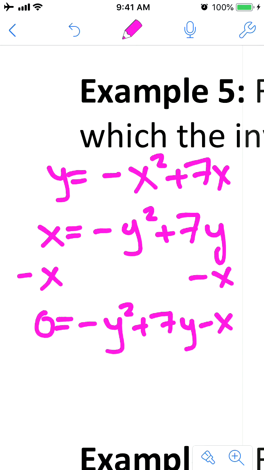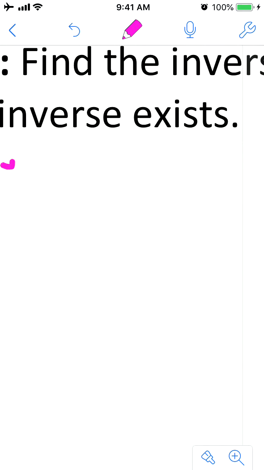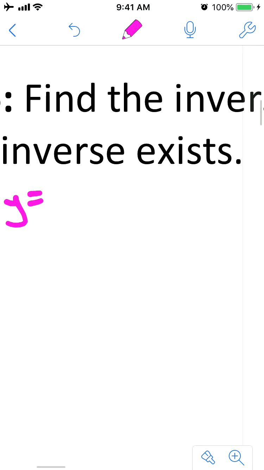And now we see why it was so important to switch that and put it in order so that we could see that a is in fact -1, not b, so that we do this right. Alright, and then over here, y is equal to, let's see, what was it? B is 7, A is -1, and then of course C is -x, just like it was last time.